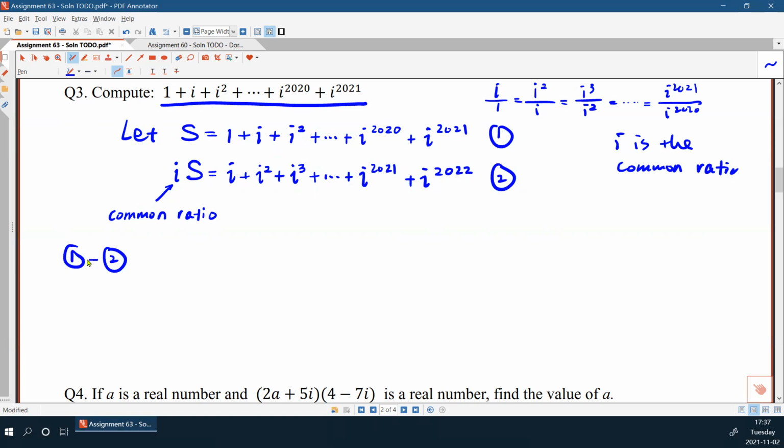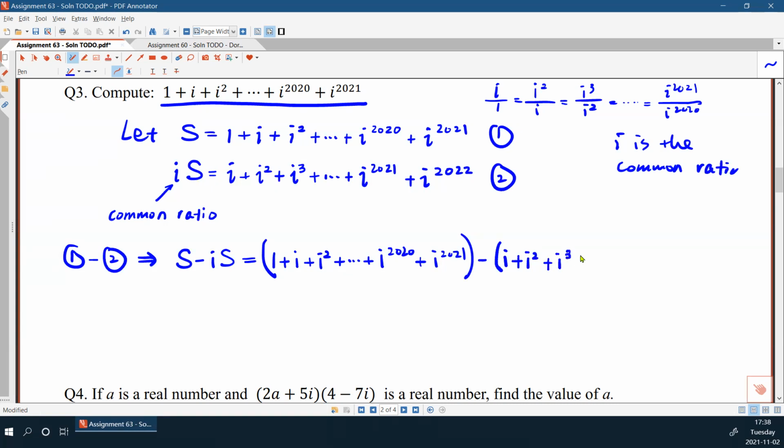So expression 1 minus expression 2 will give us, on the left side, S minus iS, and on the right side, 1 plus i plus i squared, up to i to the 2020 plus i to the power of 2021, then subtracted by i plus i squared plus i cubed, etc., up to i to the 2021 and i to the 2022, right?